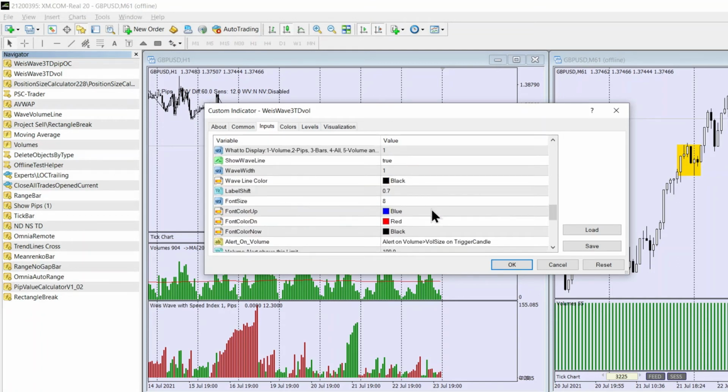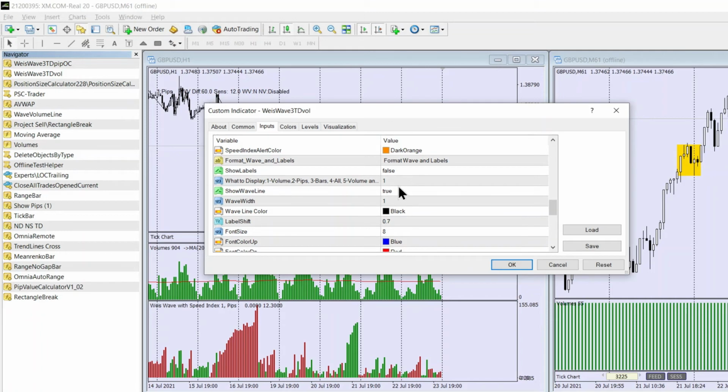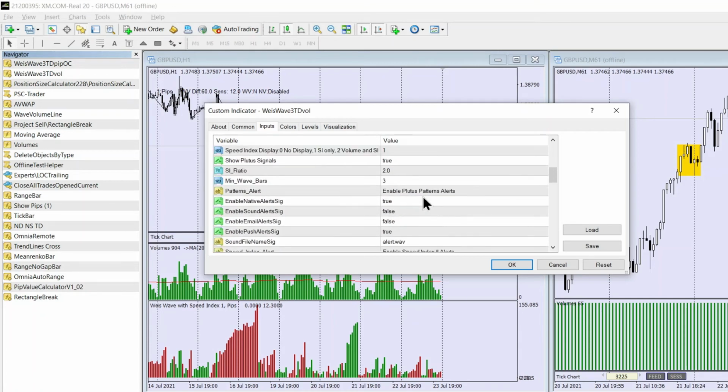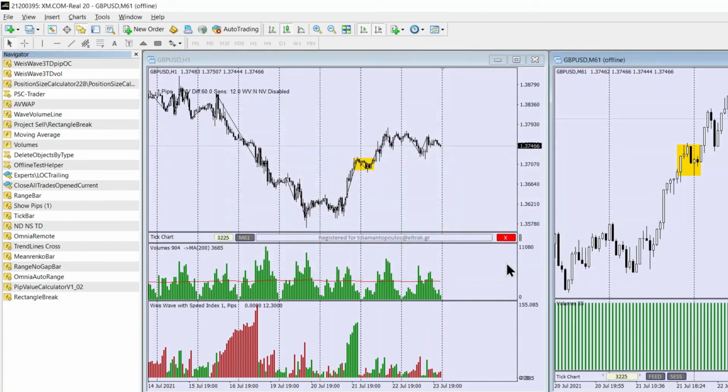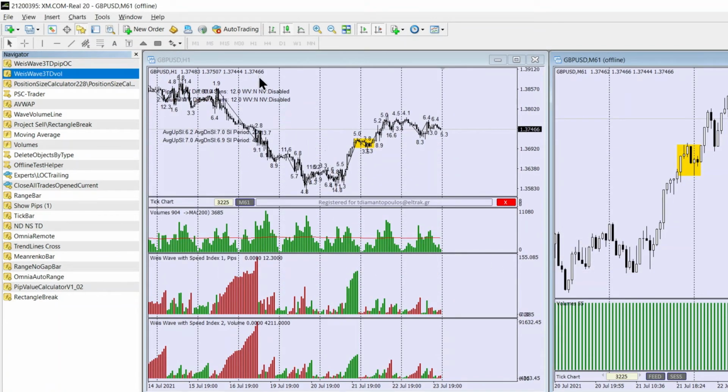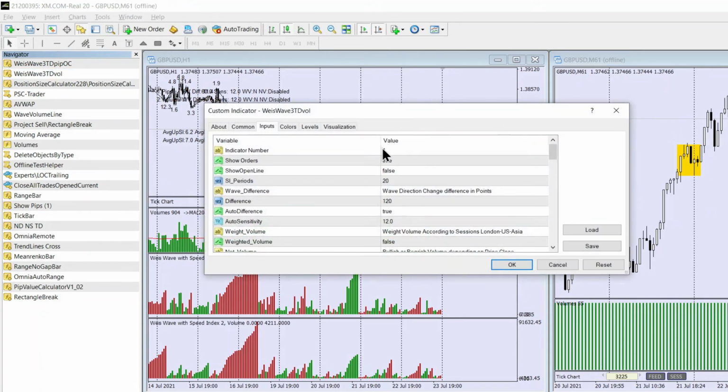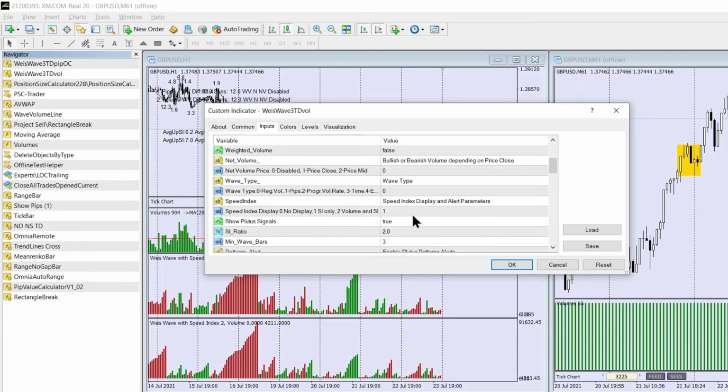And let's take off the Bluetooth patterns for a bit because this is going to be in a different lesson. All right, so we got the volume wave and the pip wave, and let's do the same thing on the tick chart. 0 and 1 pips.